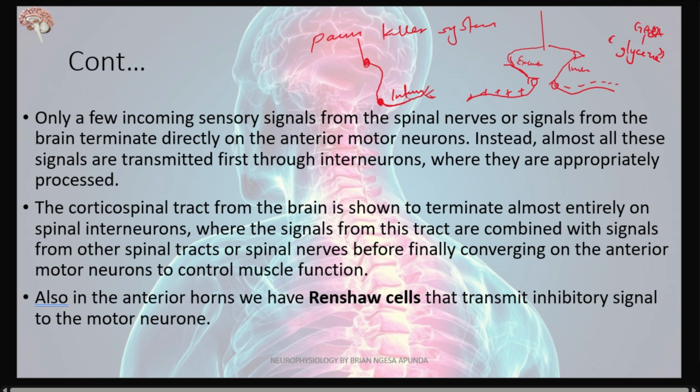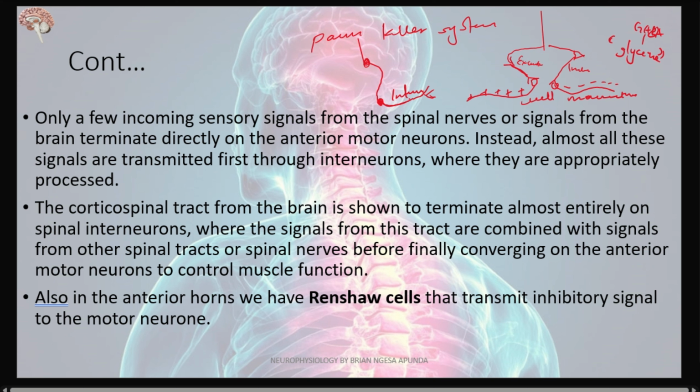So remember what we are suggesting, that sometimes while you are activating one group of muscles, the other needs to be able to relax, so that at the end of the day, we have a well coordinated movement. How is that possible? That is possible because of these interneurons.